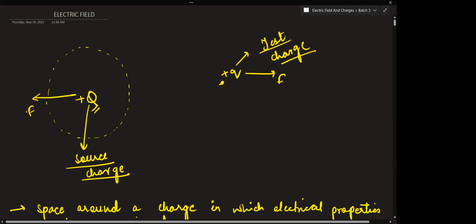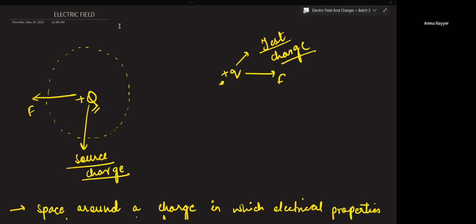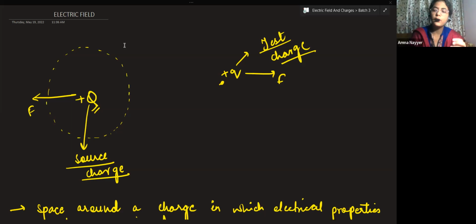Now see, this is the space around a single charge in which electrical phenomena can be experienced. Like if you have a charge plus Q with you, it is having certain space around itself. Now, if I bring another charge, I'll be able to either feel repulsion if it is positive, or I'll be able to feel attraction if it is negative.